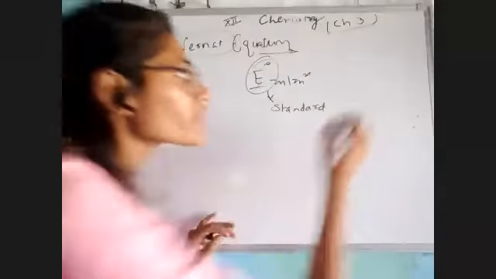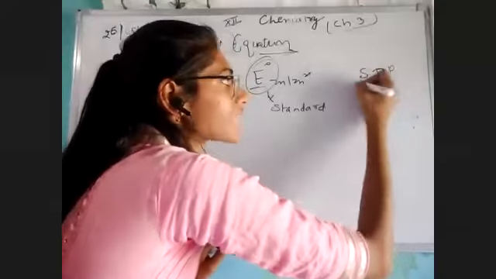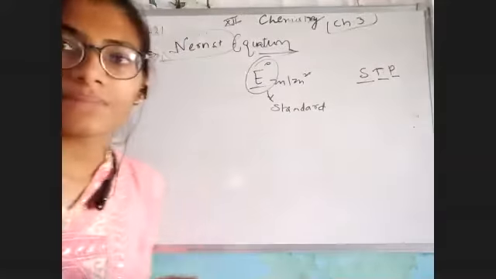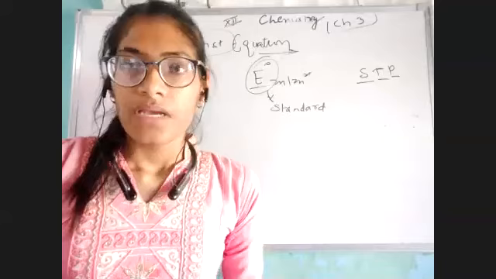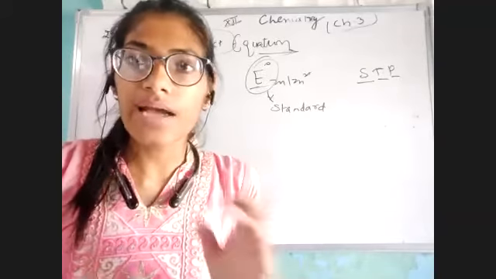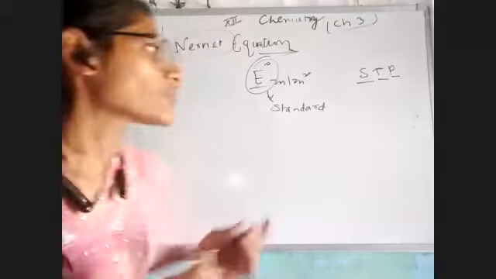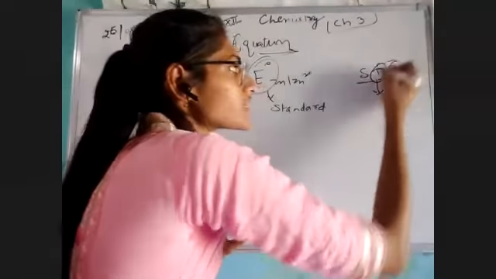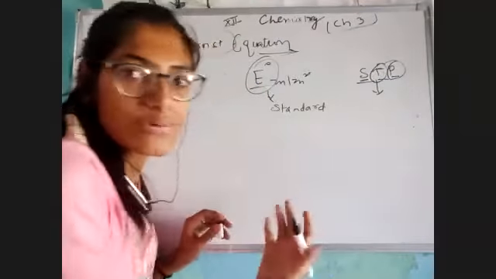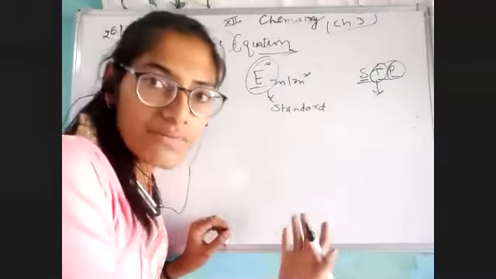Have you heard about STP? Standard temperature pressure. Has anybody heard about standard temperature pressure? It is any kind of reaction condition which conveys to us that our temperature and pressure are of standard value. And what does standard value mean?